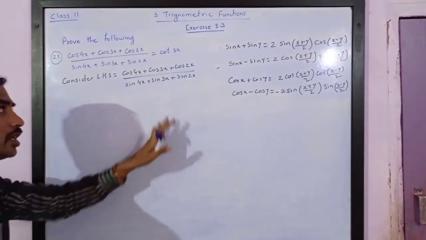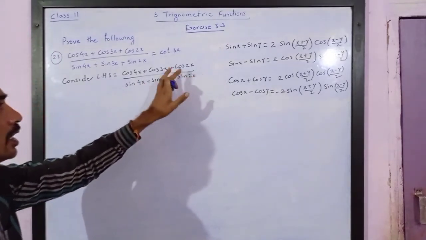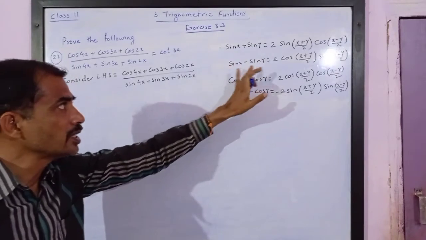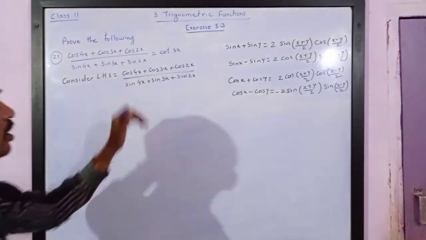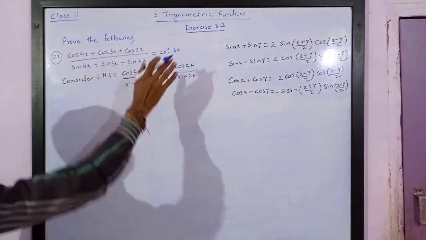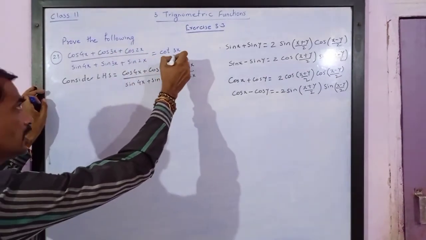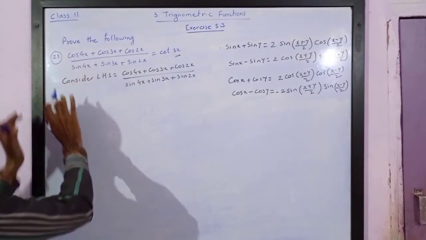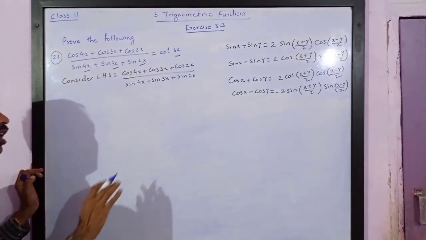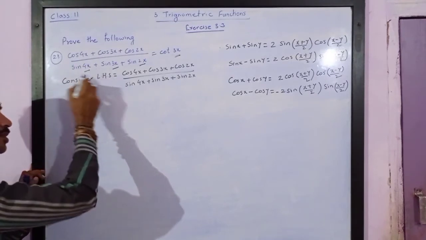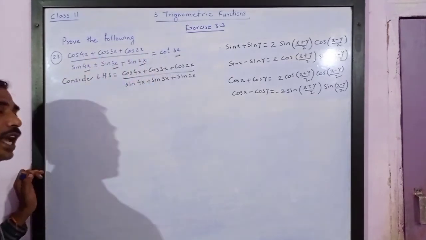We are solving the problems on these identities, that is sin x plus sin y, sin x minus sin y, cos x plus cos y and cos x minus cos y. Now look at the LHS and look at the RHS. Here we have 3x angle and on the left hand side we have 4x, 3x and 2x. So anyhow we need to eliminate these terms or we need to change the angle.